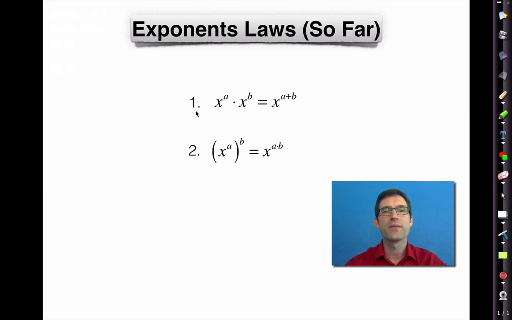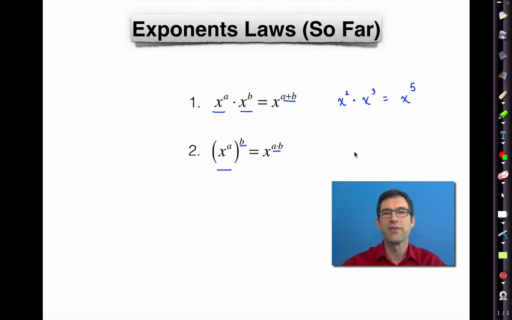Right, so the first exponent law, x to the a times x to the b, we add the exponents. The second exponent law, if I have, let me give a little example. So if I have x to the second times x to the third, I get x to the fifth. The second exponent law deals with what happens when I have something raised to an exponent raised to another exponent.